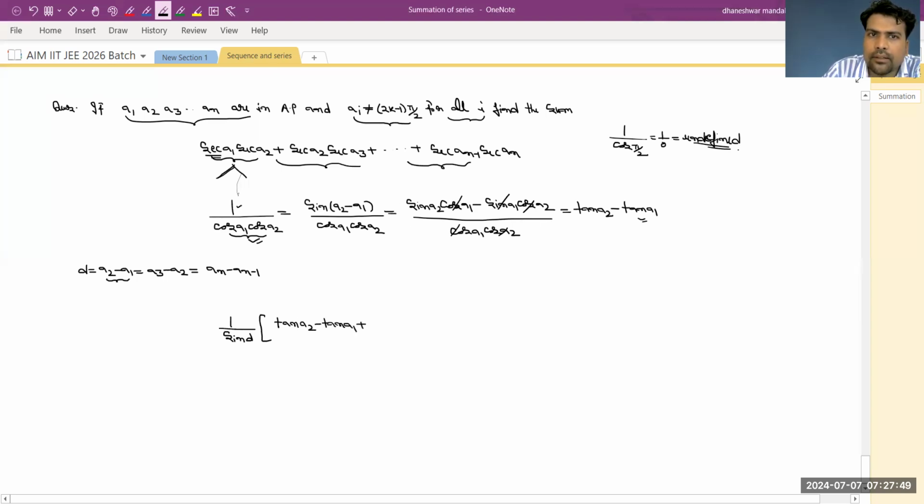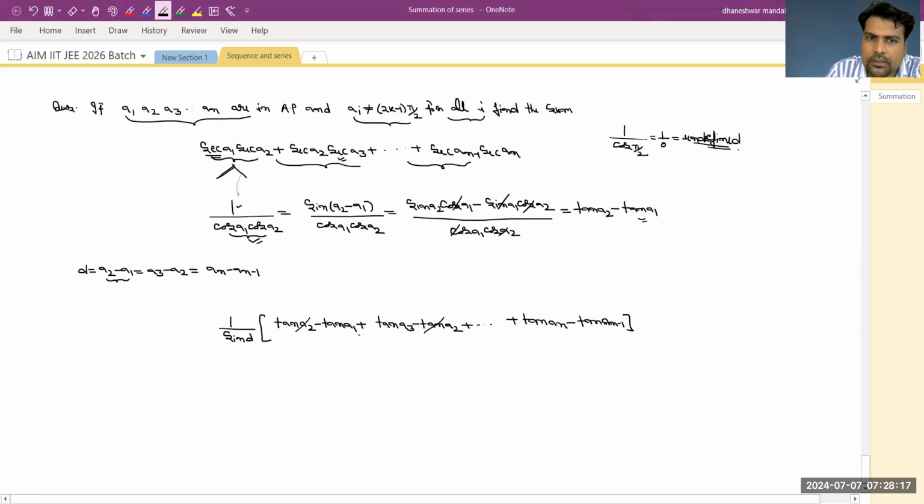In a similar way, if I take A3 minus A2 in place of D, then this term will be converted into tan of A3 minus tan of A2, and so on. Finally, we get tan of A of n minus tan of A of n minus 1. Can I cancel these terms?